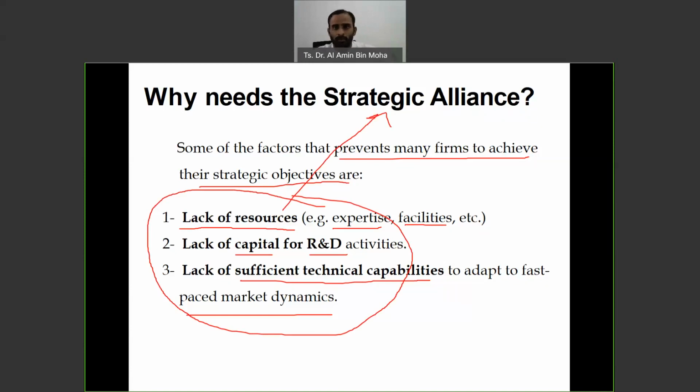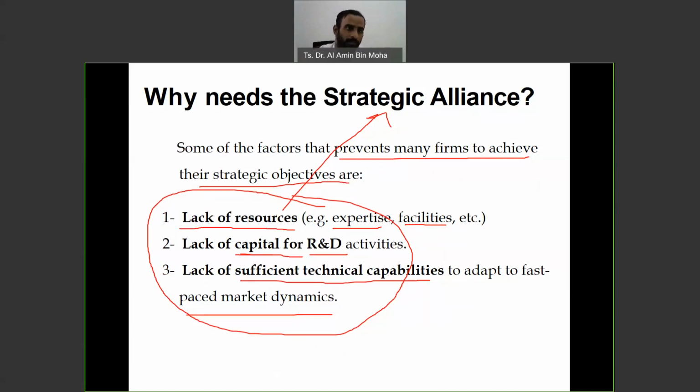So you're going to find a partner who can work together to bring the ideas to the market. Or you have the demand, you have the customers, but you don't have the capital for it. Maybe you have another party, maybe it can be your competitor. They have the capital, but they don't have the things that you have. So you come together, merge both, so it's like gaining together.